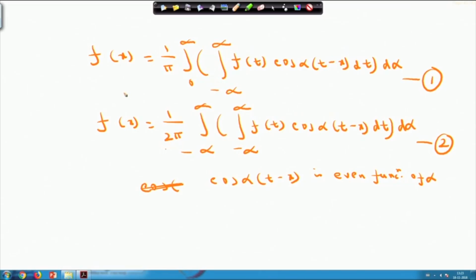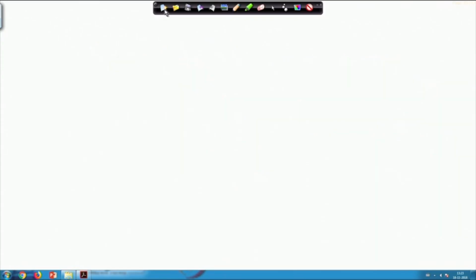So I had the original representation of f(x) as this, and since cos of alpha into (t minus x) is an even function, the 0 to infinity can be replaced by minus infinity to infinity, and the 2 is divided over here. Again, sin of alpha into (t minus x) is an odd function of alpha.